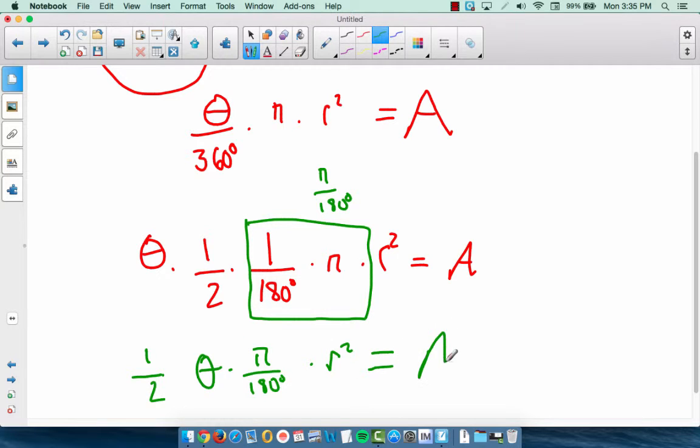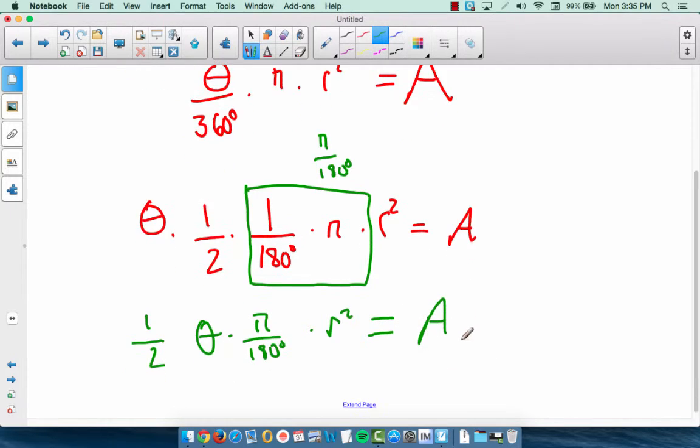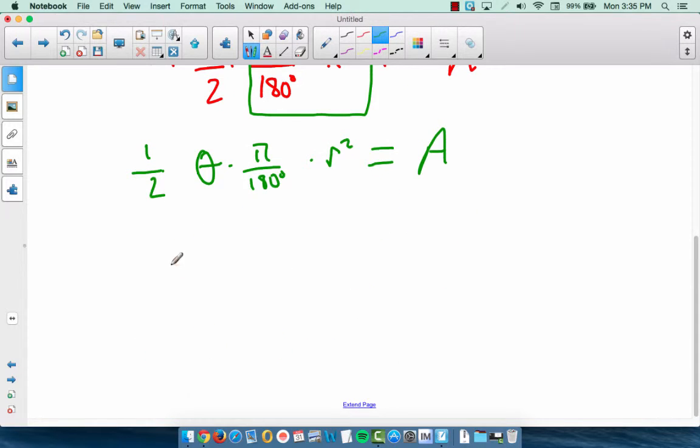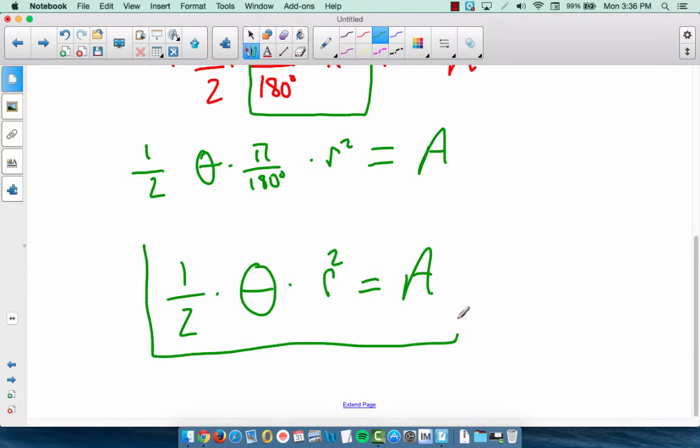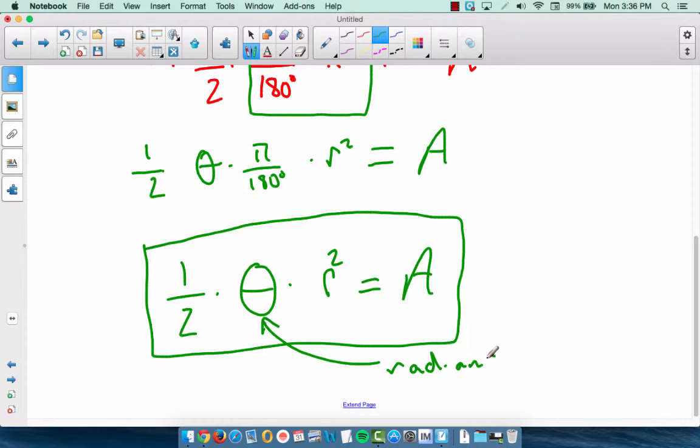And so another way to talk about this formula is to say that 1/2 times theta times r squared equals the area of the sector of a circle. Again, it's another formula, but it requires that theta is in radians. And now we can find the area of a sector of a circle pretty easily.